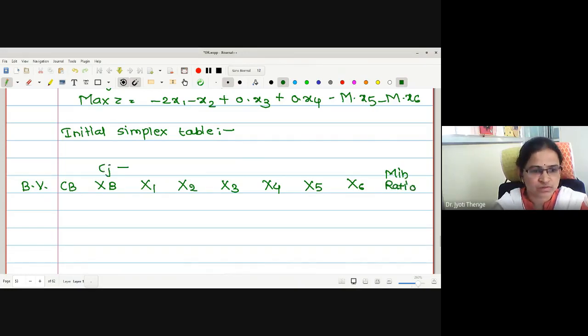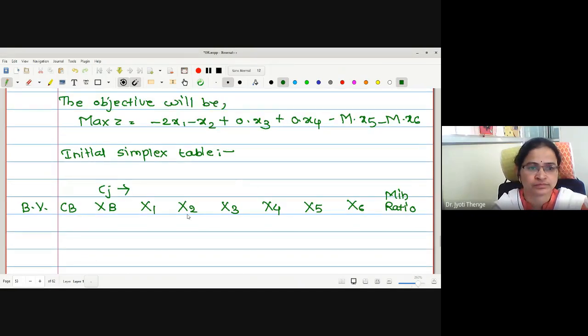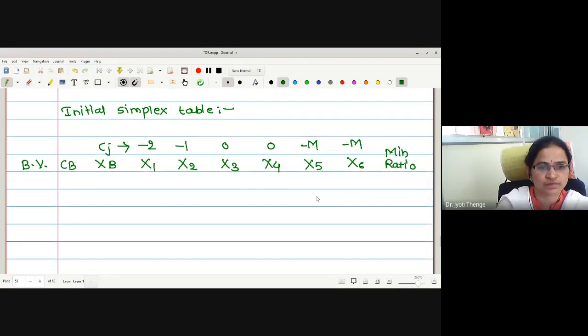What are the CJ values? CJs are nothing but the coefficients of the variables in the objective function. For x1 it is minus 2, for x2 it is minus 1, this is 0, this is 0, here it is minus M and minus M. These are the costs of the variables.